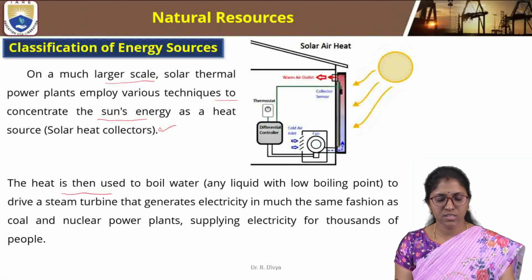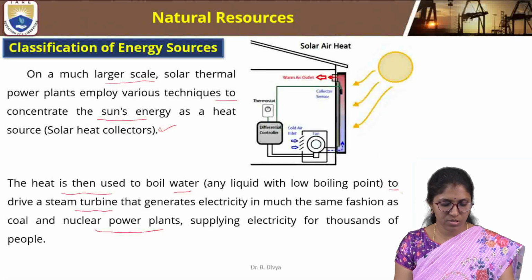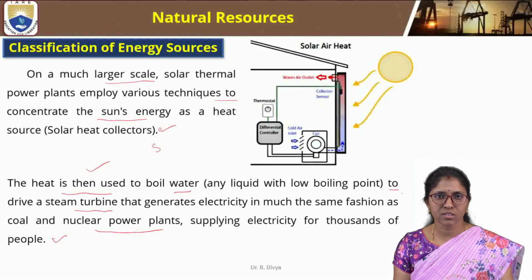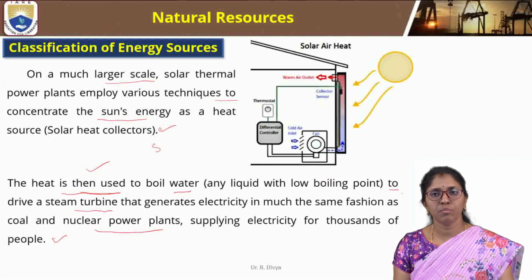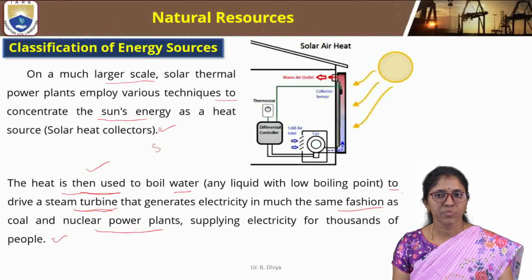The heat is then used to boil water to drive a steam turbine that generates electricity in much the same fashion as coal and nuclear power plants, supplying electricity for thousands of people.